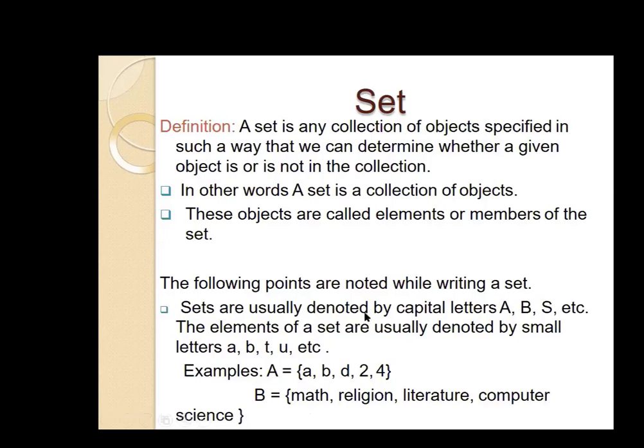Sets are usually denoted by capital letters like A, B, S, C, etc. The elements of a set are usually denoted by small letters, like a, b, t, u, etc.